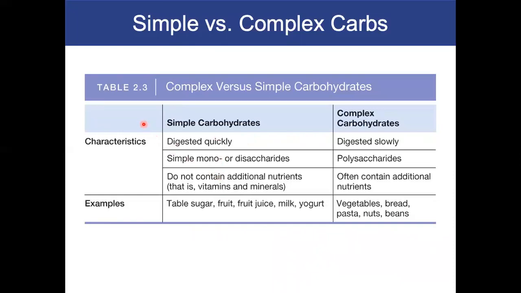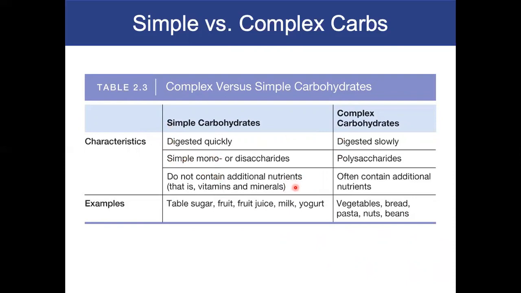So, comparison table. Simple carbs are digested quickly. They're mono or disaccharides. Complex carbs are digested slowly. They take way longer to digest. They're polysaccharides. Simple carbs do not contain additional nutrients. That's not quite true. If we're talking about fruit, it does have vitamins and minerals. But if we're talking about table sugar or white breads, they're kind of like wasted calories, right?